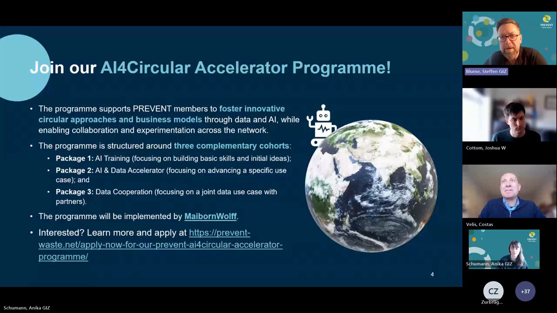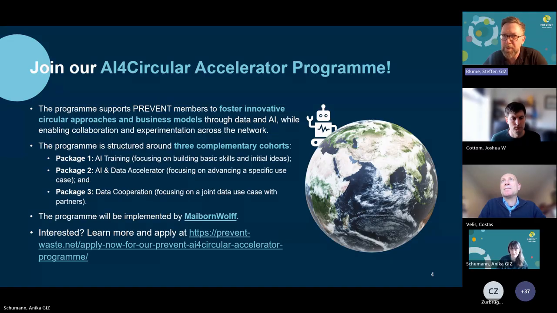I would take the freedom to just chip in here with a little reminder that we currently have an AI accelerator program which looks at use cases for all material streams, to be fair, all over the value chain basically, and then identifies use cases, how different data sets could speak to each other and inform better decisions basically, or provide better services.